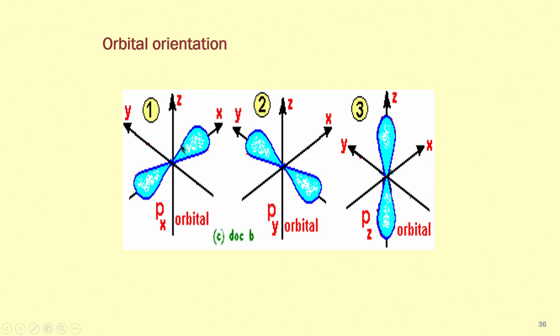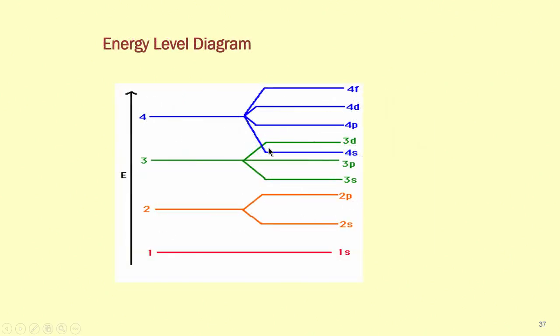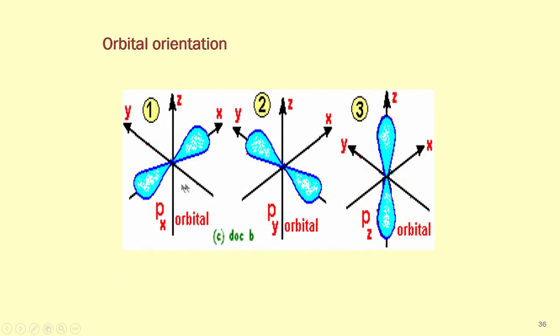One is in the x axis, one is in the y axis, another is in the z axis. The energies corresponding to these px, py and pz orbitals are the same, because they all have the same L values.